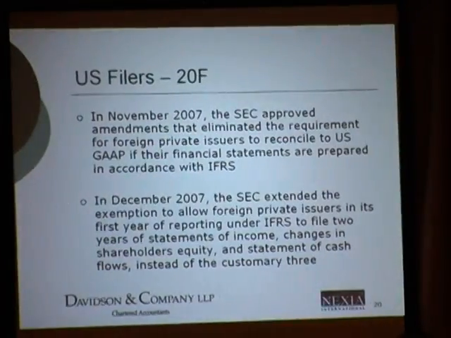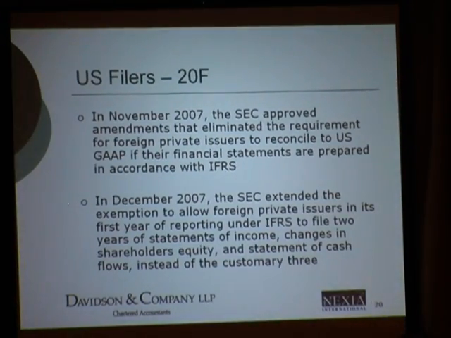So what they've said is you don't need to go back that far. 1 year of comparatives is sufficient, and that'll take you to your transition date of January 1st, 2010, which is all the work that you've done. So that works out well.